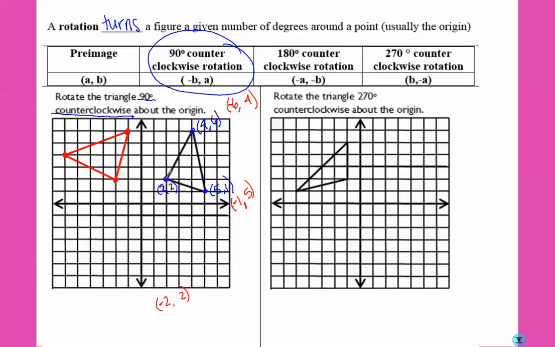So it's like we tied a string to the corner point, and we took it and we turned the image 90 degrees.